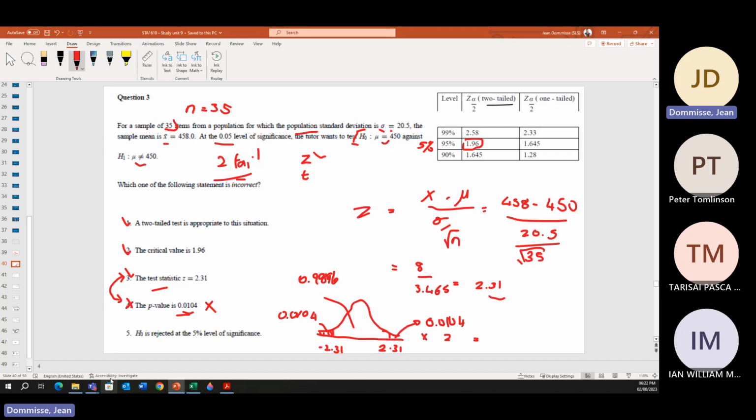Then the last option is about the null hypothesis. So let's put in, there's the critical value, 1.96. So if we on this side, did I say in that one?